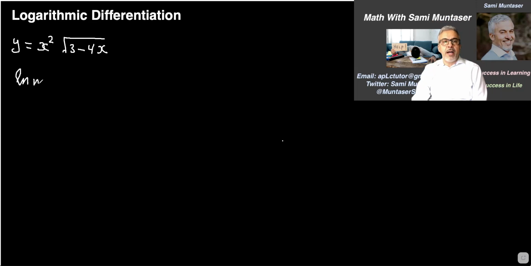So ln y equals ln x squared times root 3 minus 4x.